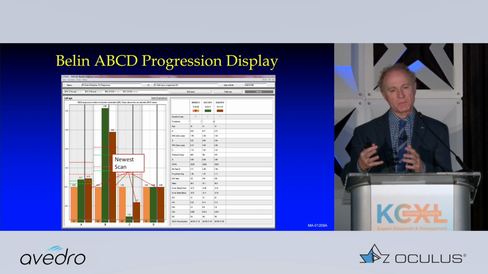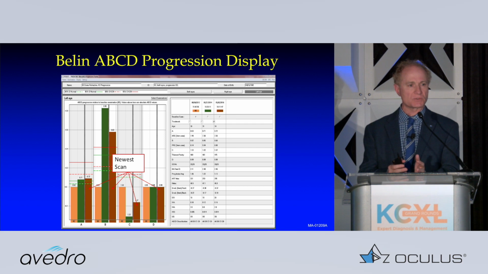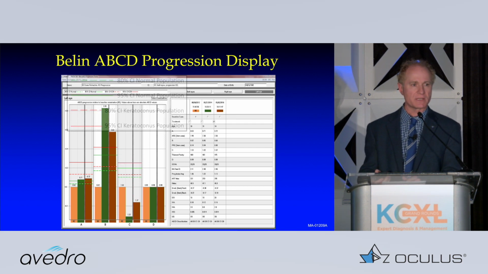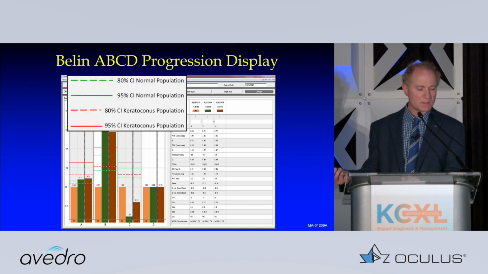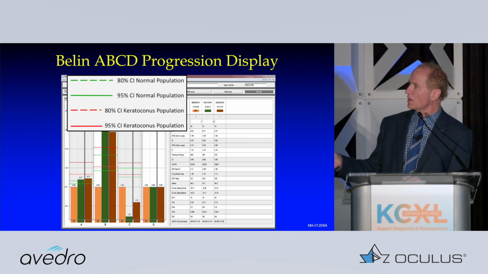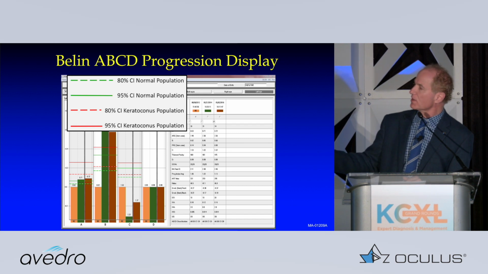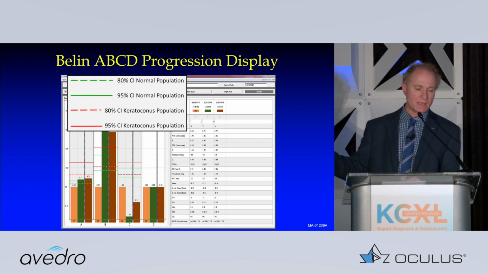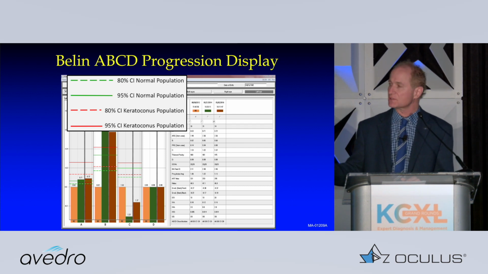Now, you could probably just do that looking at maps individually, although you have a nice metric to look at that's quantitative here. But what's nice is they actually come up with different thresholds of risk of keratoconus and also the normal in terms of 80th and 95th confidence intervals.